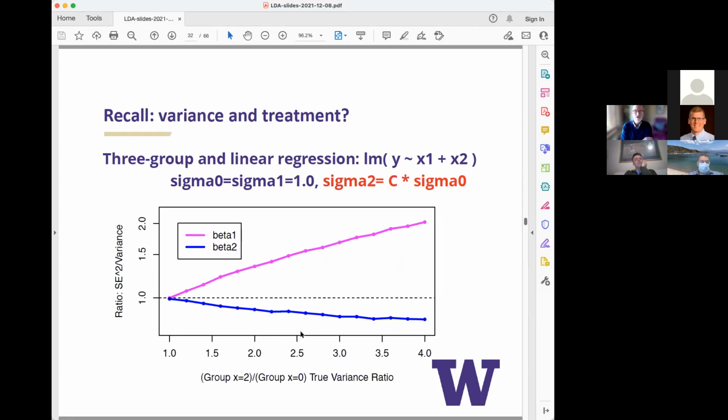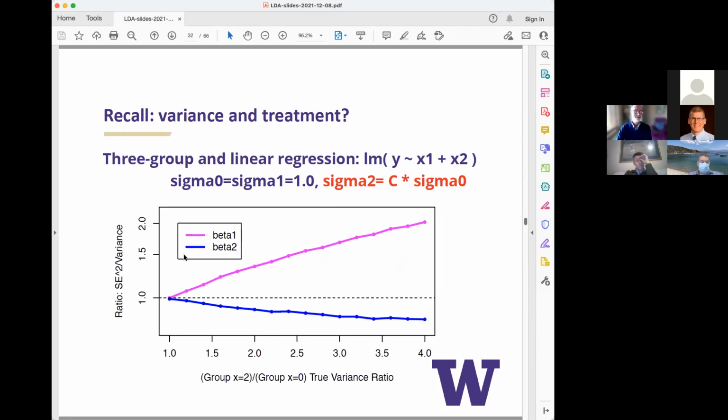I want to make you nervous again and say, but if you had 3 groups, there's no guarantee now. If you had encoded those 3 groups with 2 dummy variables, x1 for treatment group 1 relative to placebo, and x2 encoding treatment group 2 relative to placebo, and treatment group 0 and treatment group 1 had the same variance, but treatment group 2 had a multiplicatively bigger variance.